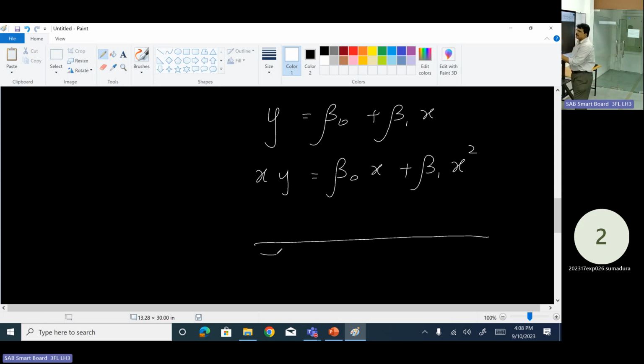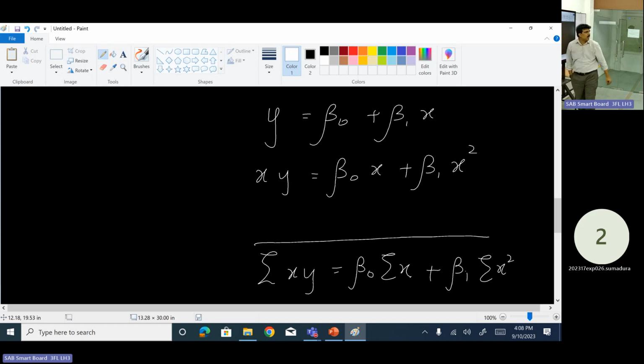Sigma XY, beta naught comes out, sigma X. Beta 1 comes out, sigma X square. Idea, right? This one can be found: X's are there, Y's are there, the XY product sum we can find. Sigma X we can find. Sigma X squared, X is there, we can find X squared and add. So two unknowns, two equations. So you have a system of simultaneous equations, so you can solve and get your beta naught and beta 1.